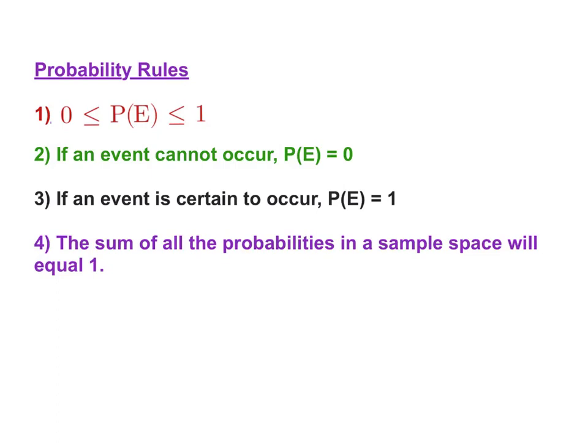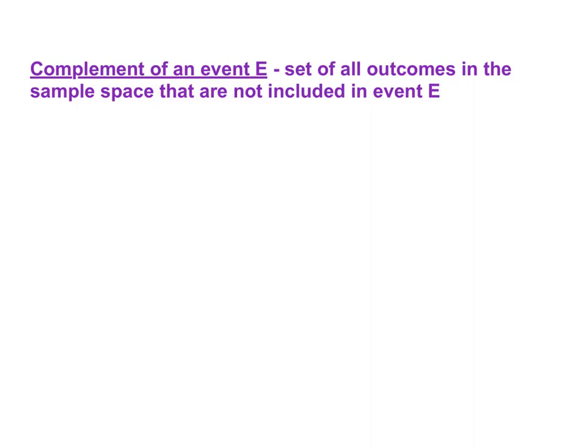So if I said, for example, with a regular die, what's the probability of rolling a 1, a 2, a 3, a 4, a 5, or a 6? That would be 1. Because when I roll a die, it has to be one of those because I use the word or. We'll get into that more a little bit later. But the sum of all probabilities in a sample space must equal 1.